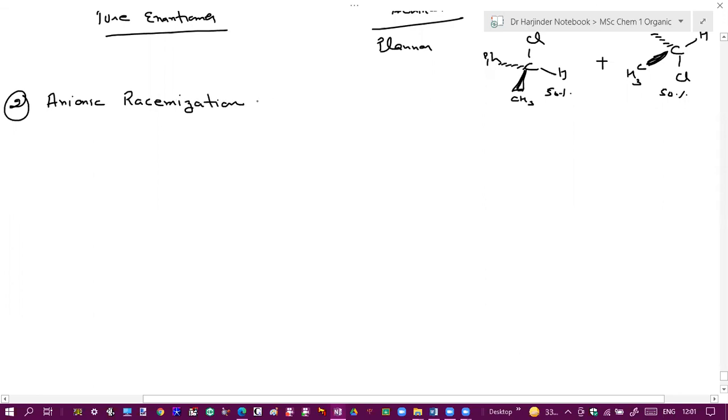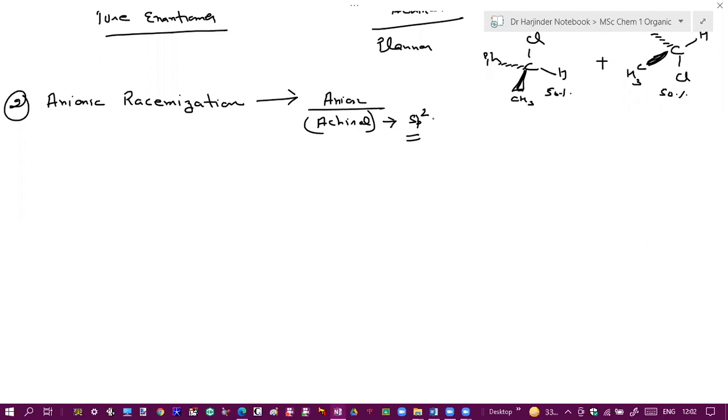In anionic racemization, you get an intermediate anion, which is achiral with planar geometry, that is sp2 hybridized planar geometry. So attack of the electrophile over this anion can take place from above the plane or below the plane with the same probability, giving rise to products which are mirror images of each other, and you get racemic modification.